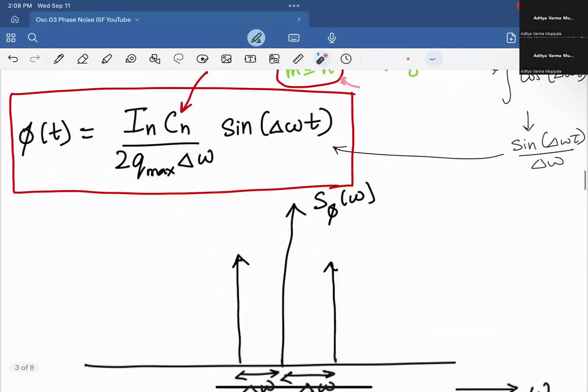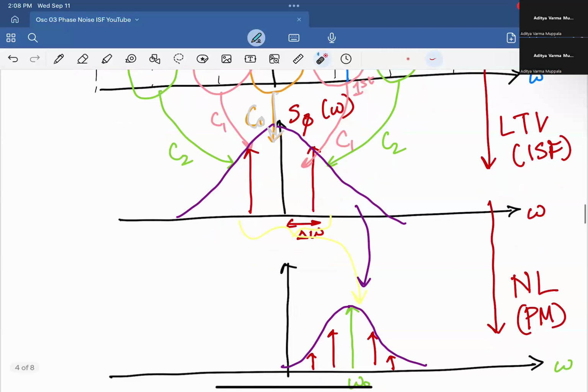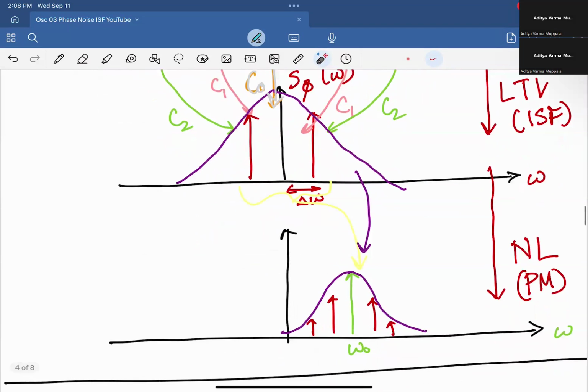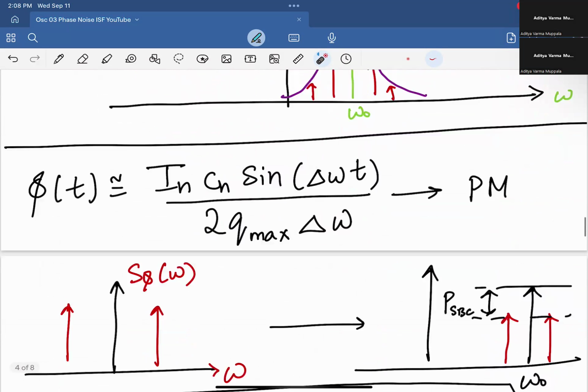So that gives you the different coefficients. That essentially modulates this entire thermal noise into the skirt in the phase, not exactly phase noise, into the excess phase. And then that skirt, because the modulation index is low, gets modulated up to omega naught and forms this phase noise spectrum that is usually seen.